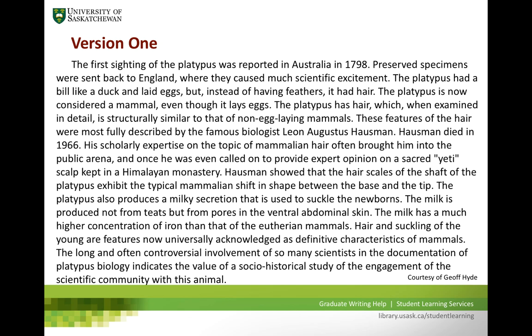The milk is produced not from teats, but from pores in the ventral abdominal skin. The milk has a much higher concentration of iron than that of the eutherian mammals. Hair and suckling of the young are features now universally acknowledged as definitive characteristics of mammals. The long and often controversial involvement of so many scientists in the documentation of platypus biology indicates the value of a socio-historical study of the engagement of the scientific community with this animal.